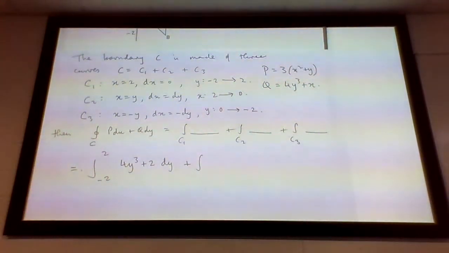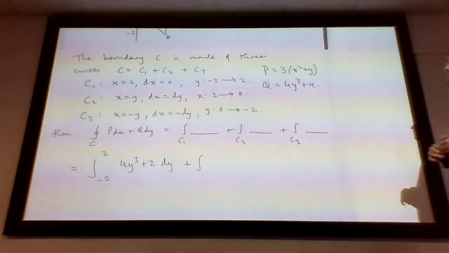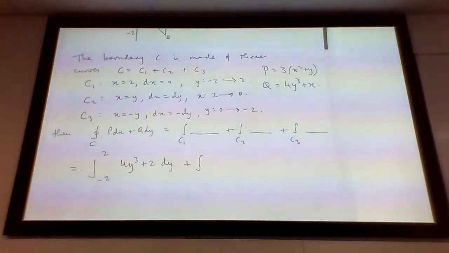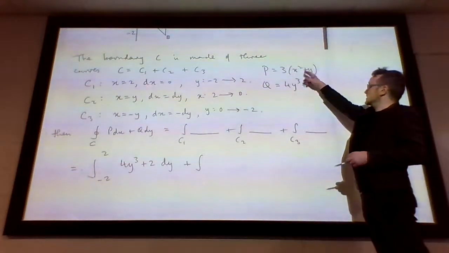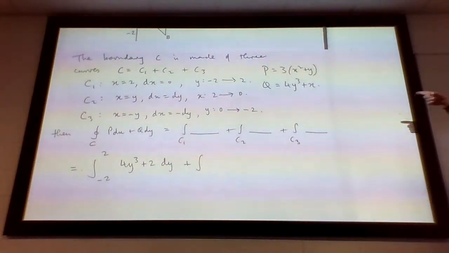The integral along C2, x is equal to y, so we can translate it all into one of them, and let's translate it all into x. So everything becomes an x. So it's 3 times x squared plus x, 4 times x cubed plus x. And we're integrating x from 2 down to 0.